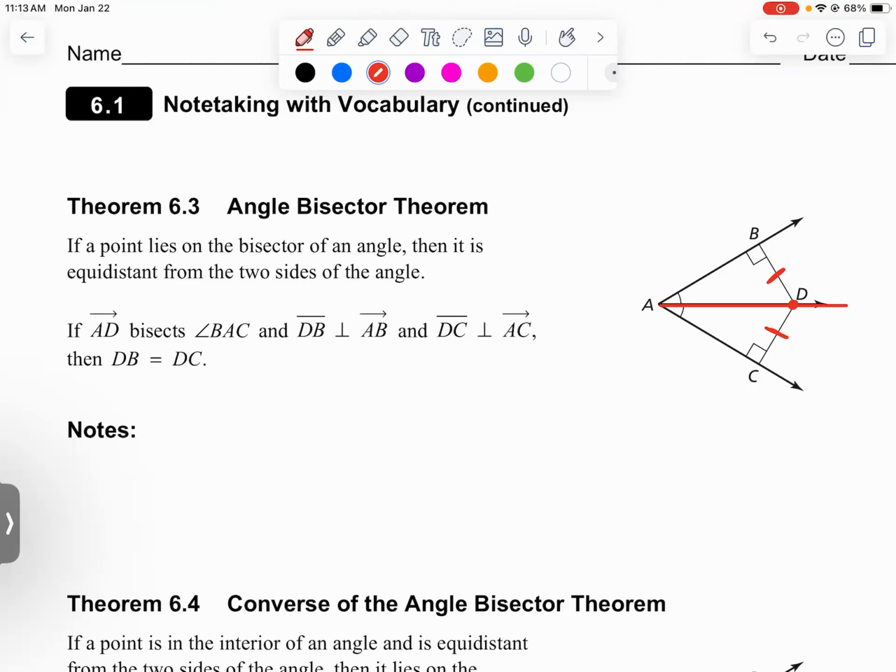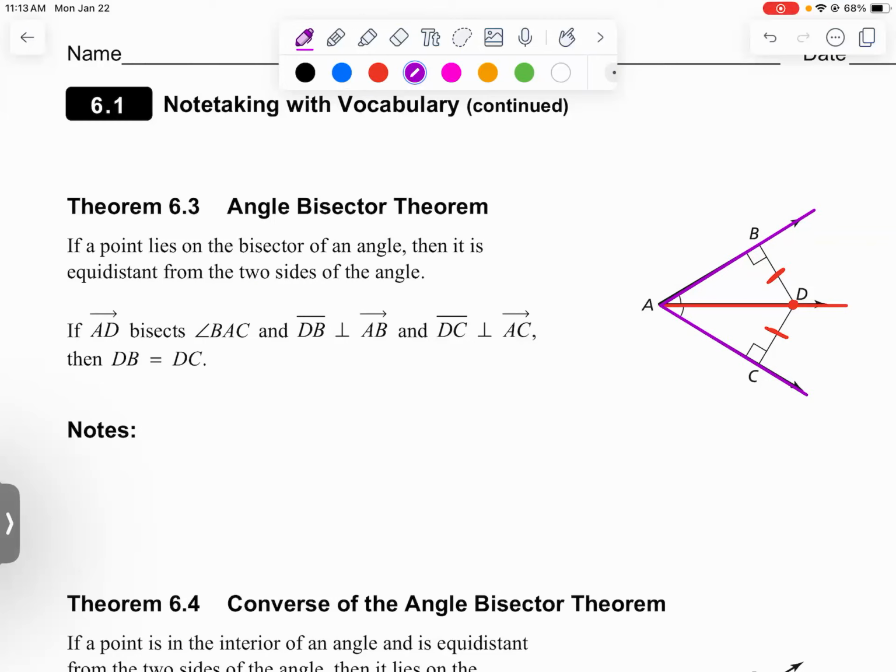So if we're talking about equidistant from these purple rays, if I am a point and I'm measuring distance to a line, it needs to be perpendicular, okay?